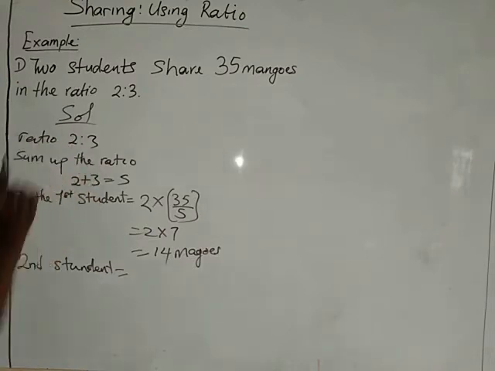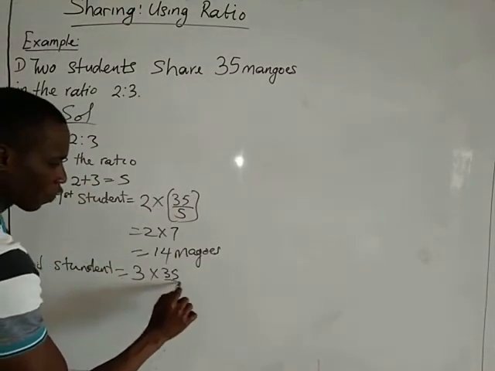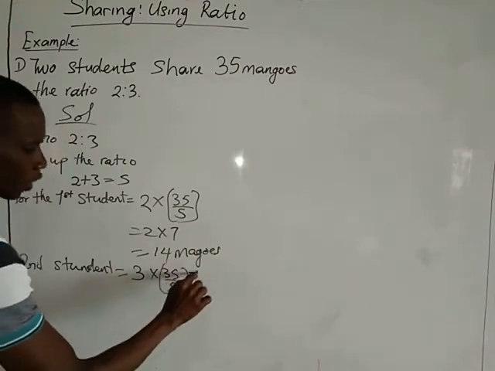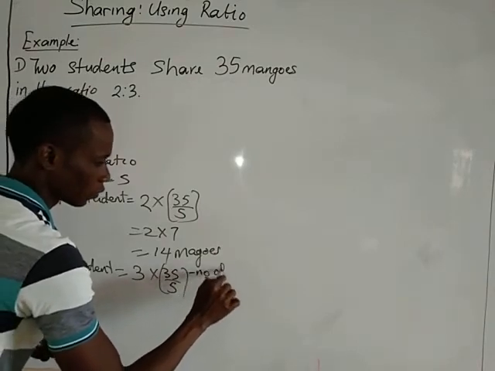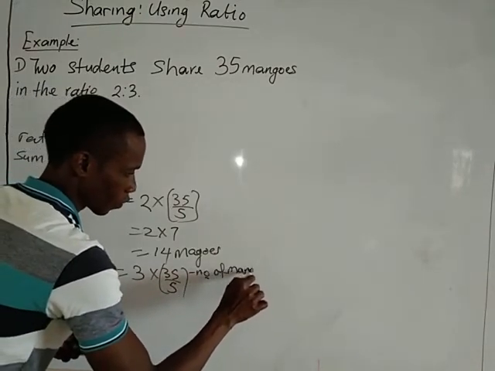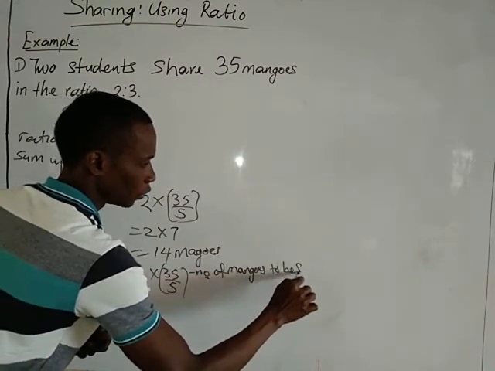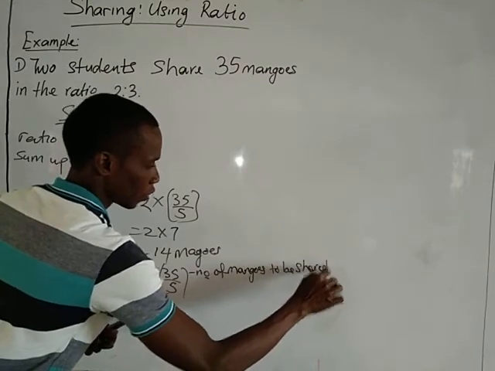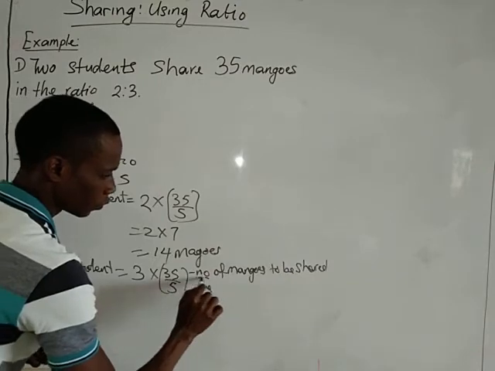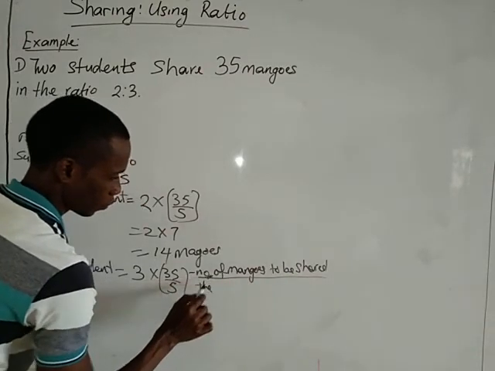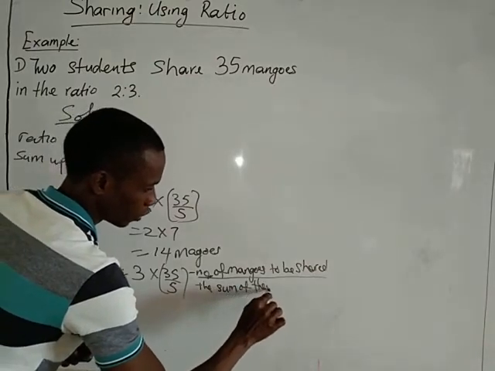The ratio for the second student is 3 multiplied by 35 over 5, meaning the number of mangoes to be shared over the sum of their ratio.